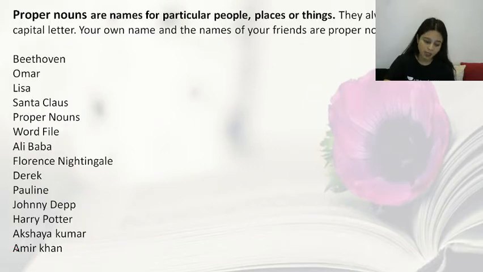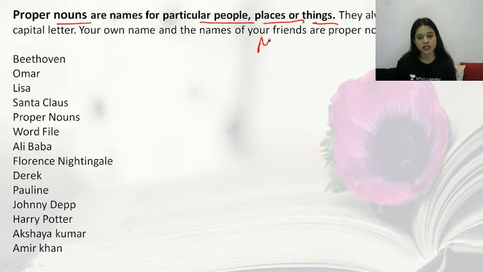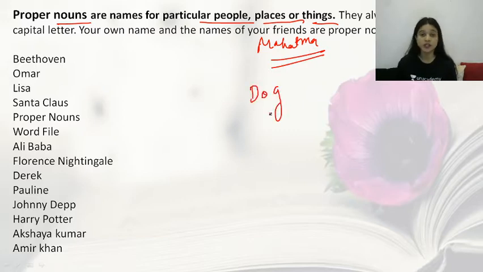Now, proper nouns are the names of a particular person, a particular place, or a particular thing. So when I say Mahatma Gandhi, I mean a particular person. See the difference between dog, and if the name of a dog is Tommy.